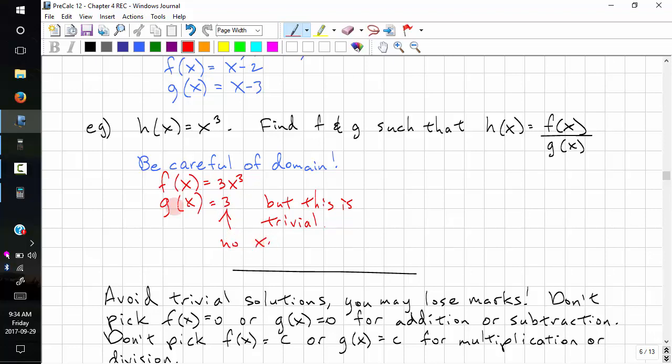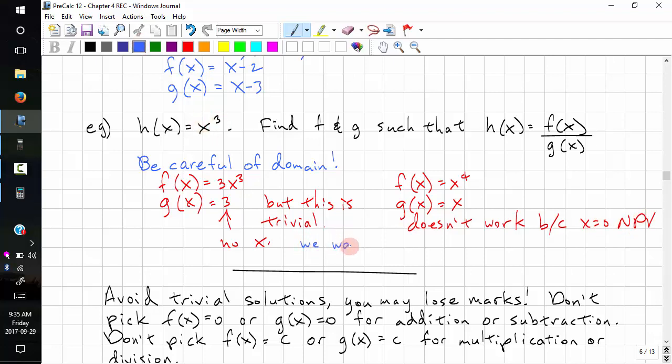There's no variable in this function. A better answer would be this, but it doesn't work, because x equals 0 is an NPV, and that's changing the original domain.